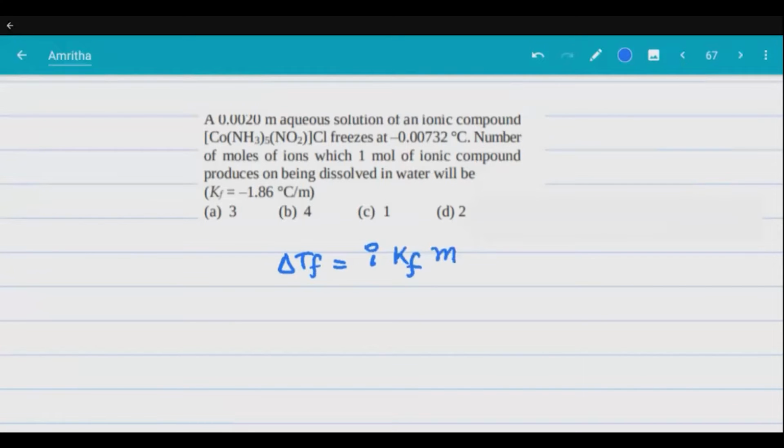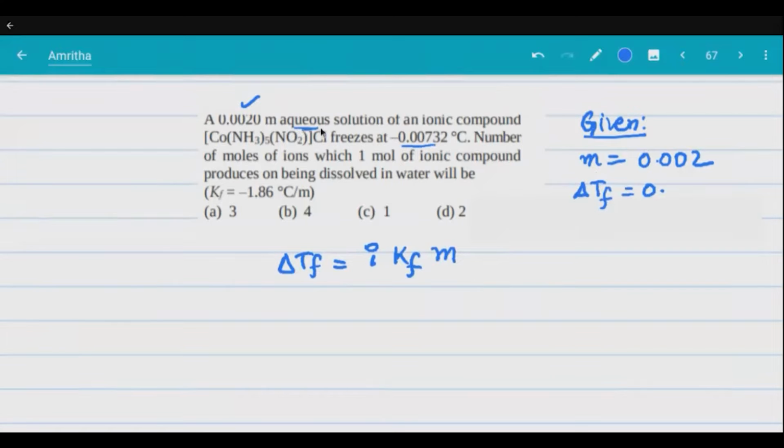So what is provided here? Delta Tf is provided, right? Look at this. What is the given information here? Molality is given, so this is molality, 0.002. And delta Tf is also given. This is the freezing point, but delta Tf means change from 0.